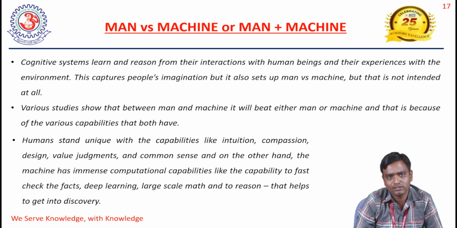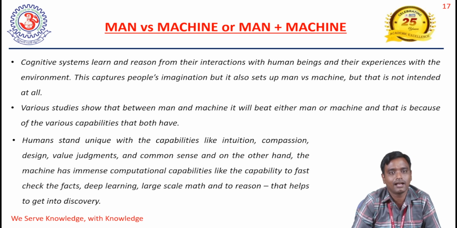So various studies show that between man and machine, it will beat either man or machine. That is because of various capabilities of both the things, which a man has or a machine has. Humans stand unique with capabilities like intuition, compassion, design, value judgments, and common sense. On the other hand, the machine has immense computational capabilities like the capability to fast check the facts, deep learning, large scale math, and to reason that helps to get into the discovery.